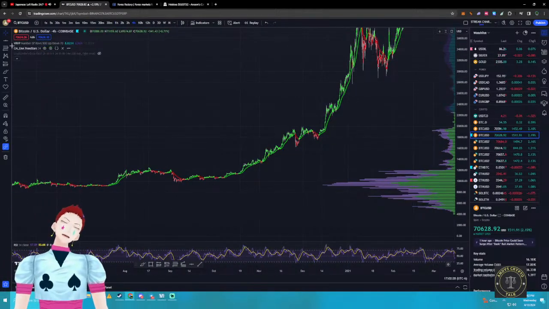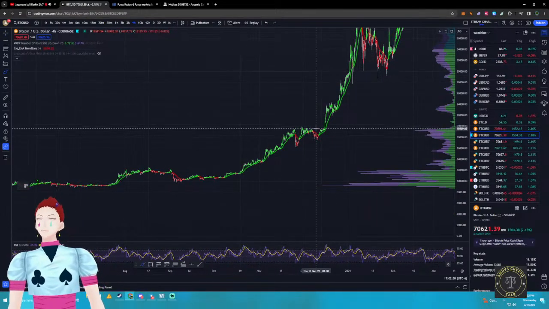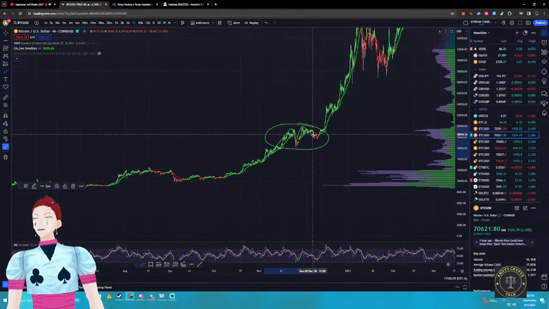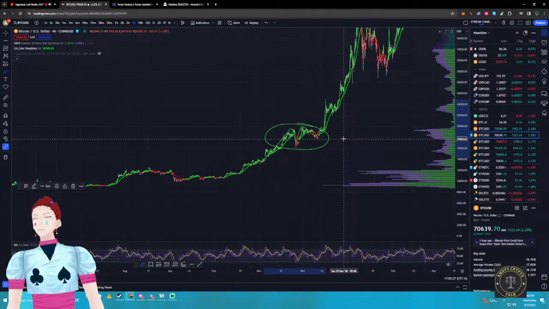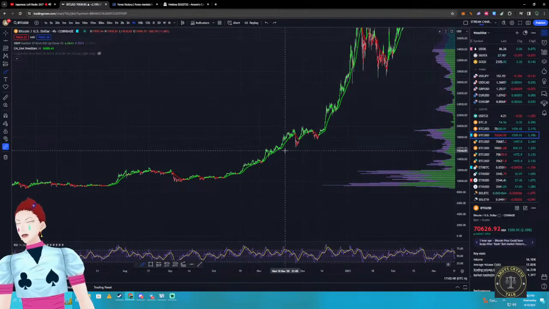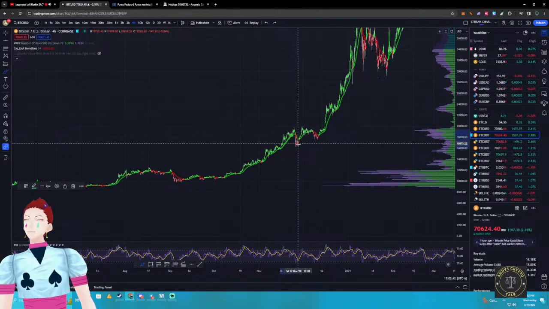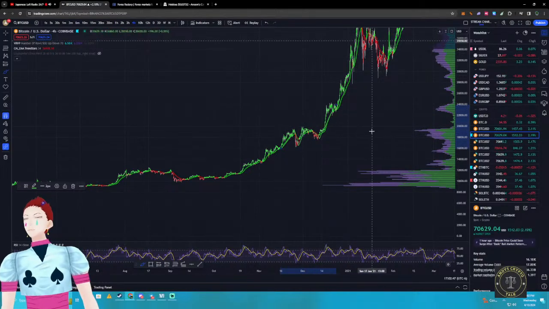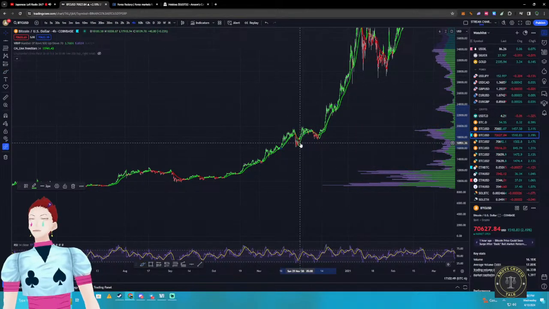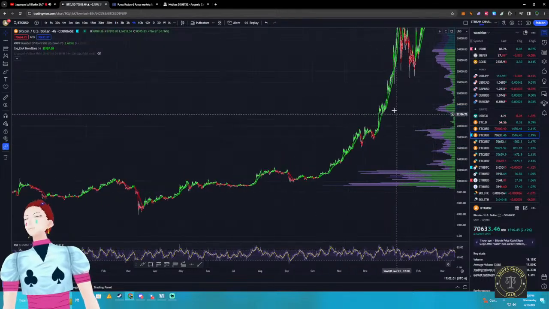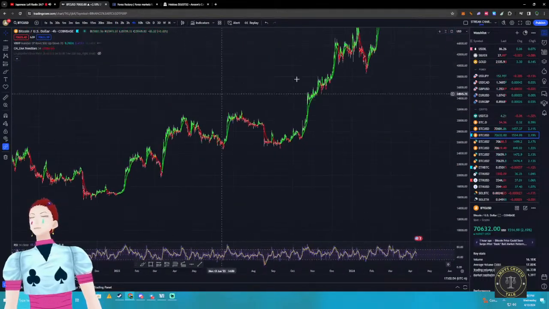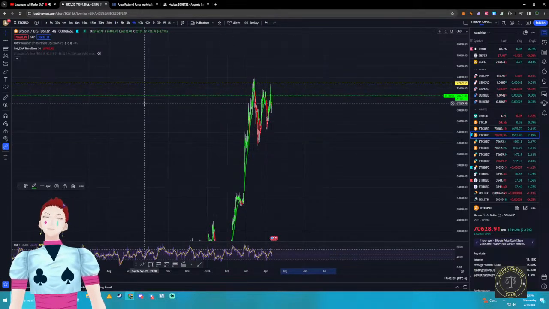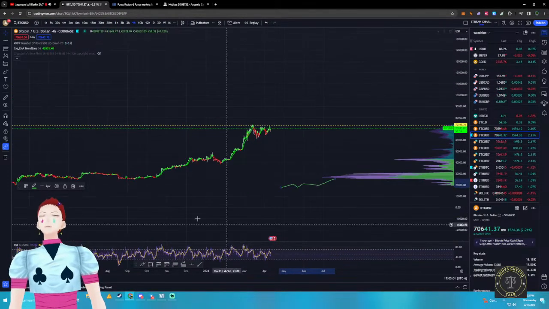I know a lot of people are looking at this zone right here, as we're looking like that type of move is happening. Let's actually take that and put it to where we are now.